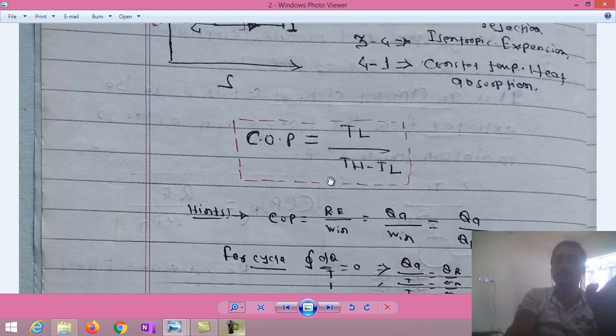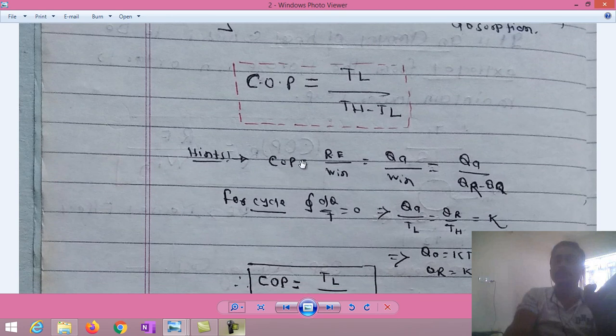But we are discussing the reverse Carnot refrigeration system, and we know that all 4 processes are reversible.